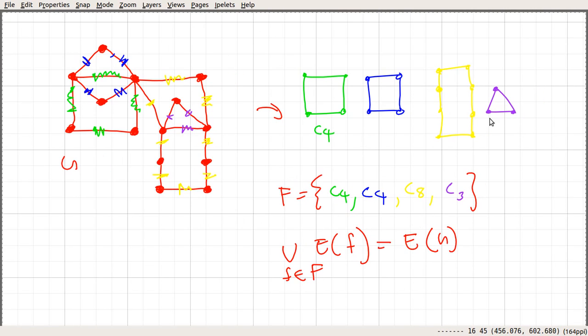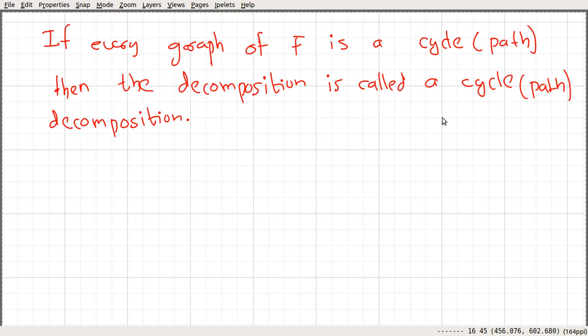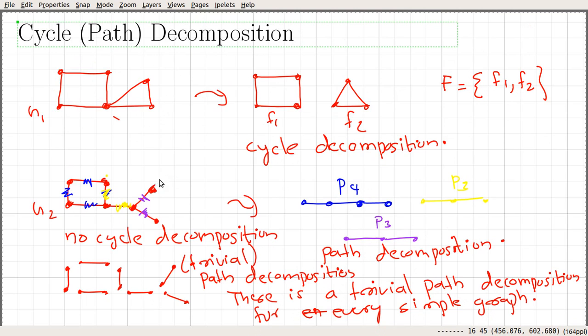So it is a cycle decomposition. So this graph exhibits a cycle decomposition. One cycle decomposition looks something like this. And here, if you look into this graph, it doesn't have a cycle decomposition, because there is no way to find a cycle out of this portion.